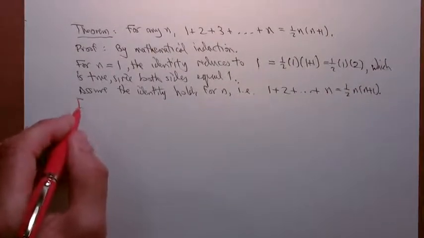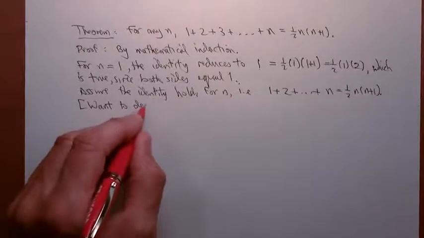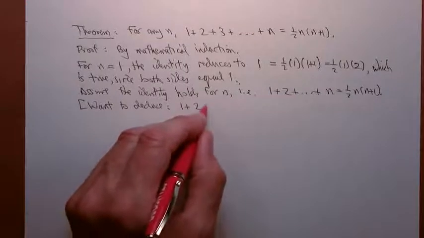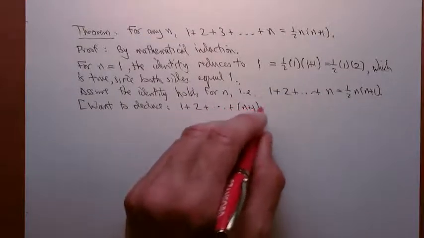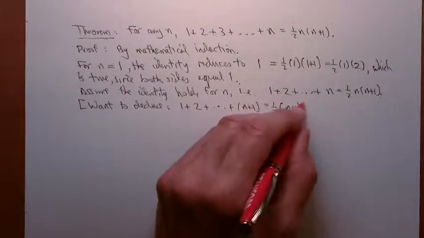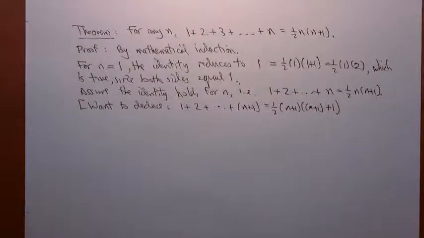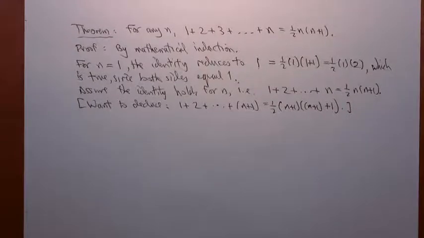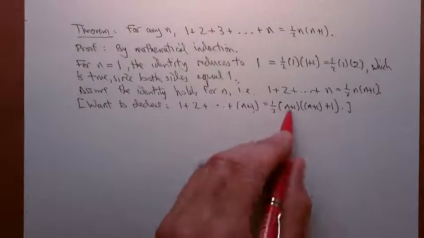And let me note now, and I'll put this in brackets, I want to deduce 1 plus 2 plus ... plus n plus 1 equals a half times n plus 1 times n plus 1 plus 1. Okay, that's just a note for myself to indicate the target I'm aiming for.